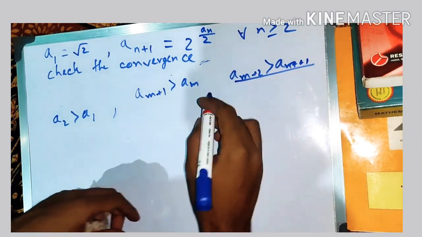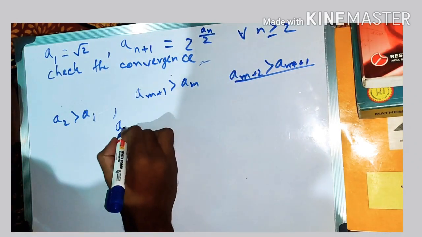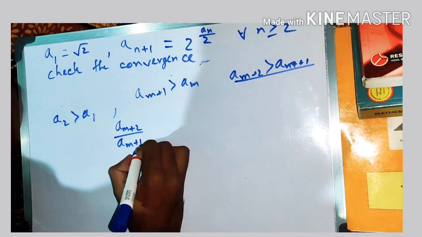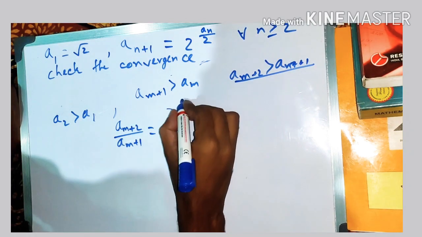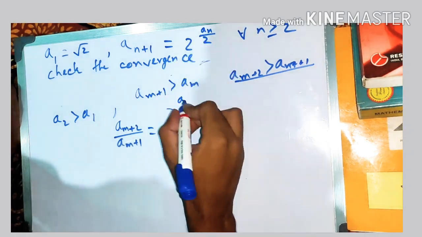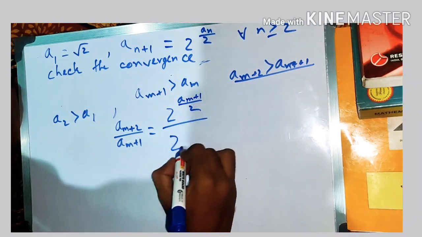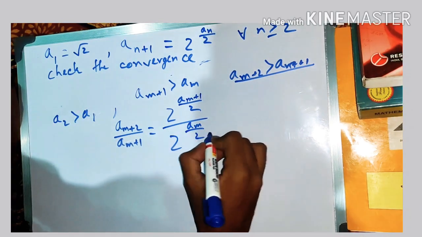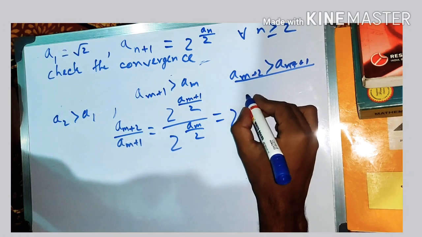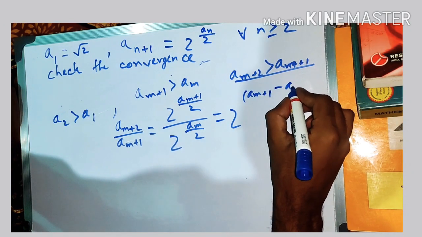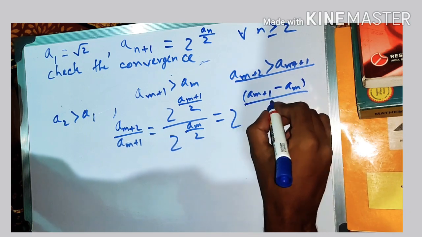Then am plus 2 by am plus 1 equals 2 to the power am plus 1 by 2 divided by 2 to the power am by 2, that is 2 to the power (am plus 1 minus am) by 2.